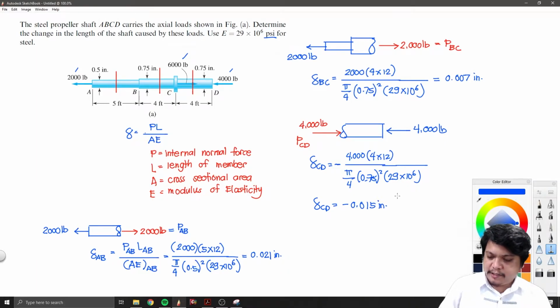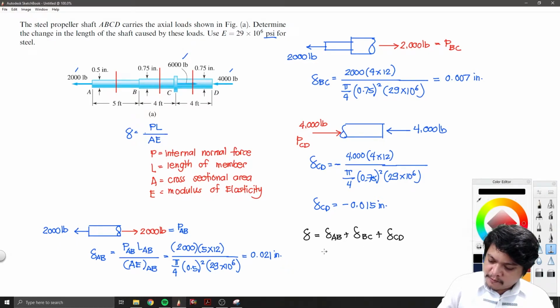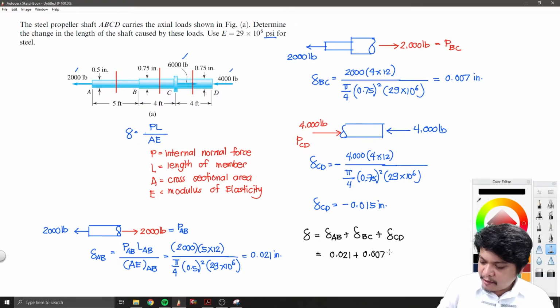0.015 inches. Okay? So the total deformation of the shaft, that would become deformation from AB plus deformation from BC plus deformation from CD. So AB is 0.021, BC is 0.007, minus 0.015.